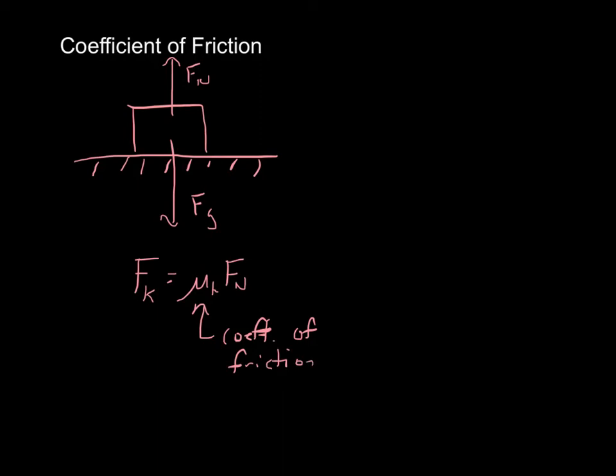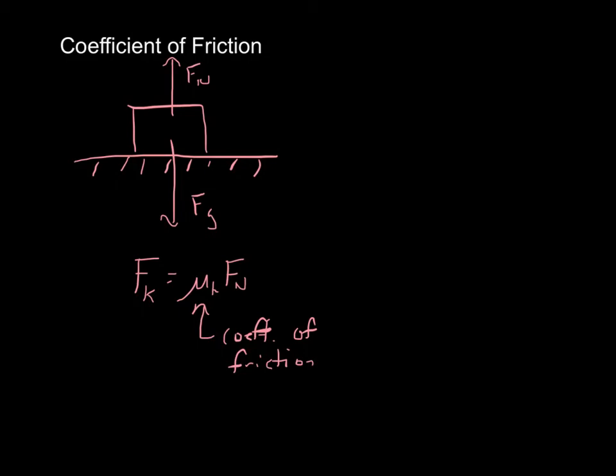Now the mu k is a part that we were talking about when it comes to the two different surfaces in contact. For example, a block of wood against gravel, a block of wood against ice will have different coefficients of friction. So this is a number that maybe you're looking up in a table, or maybe it's the number you're calculating in the problem, but it's not a number that you're expected to know by any means because it's unique to every single combination of surfaces.